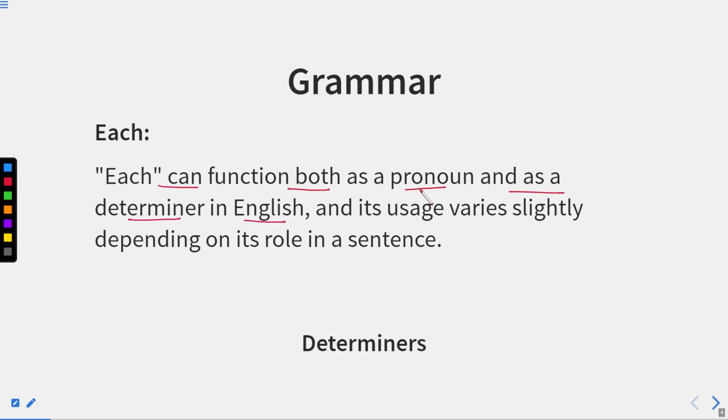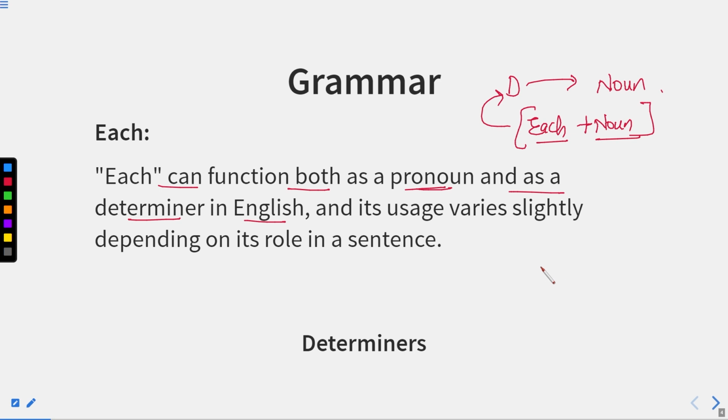Now, we know well that a pronoun is a word which replaces a noun. It means if each can replace a noun, it is a pronoun, or if it qualifies a noun, it is a determiner, because the function of a determiner is to qualify a noun. In this case, we always have a noun after it. So if we have the structure each plus a noun, it is a determiner, or you can say adjective.